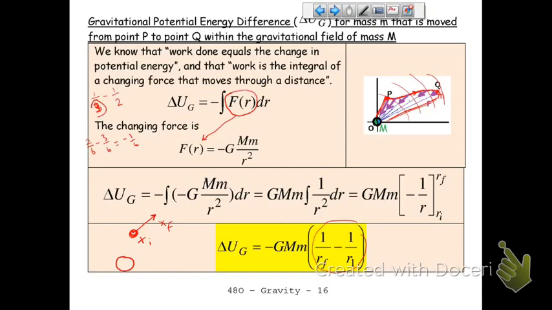Because it's final minus initial, when the final distance is more than the initial distance, you end up with a negative on that bit. And that negative, with that negative, gives you a positive change in potential energy. And isn't that what you want, going from there to there? Shouldn't delta U be positive in going up in space?